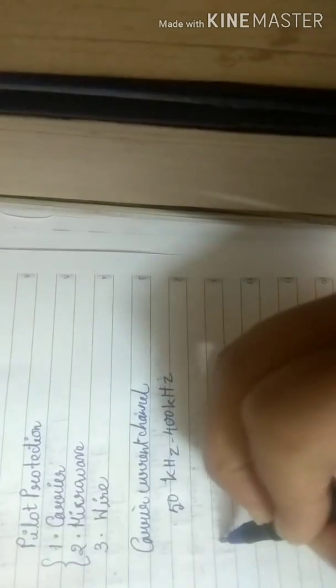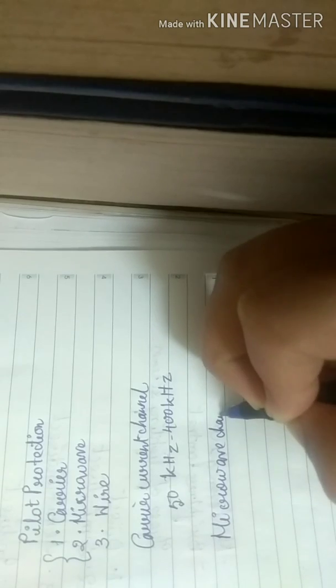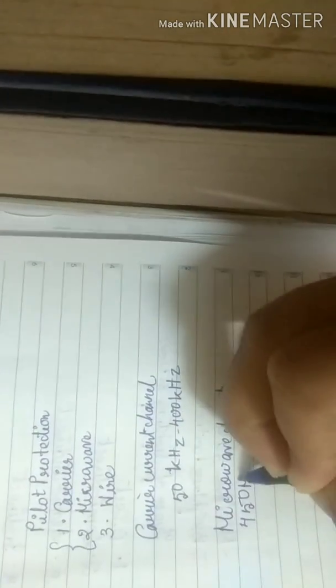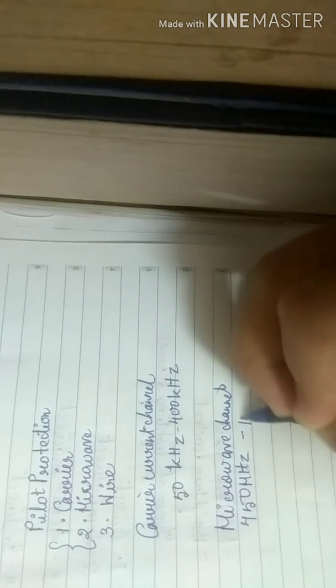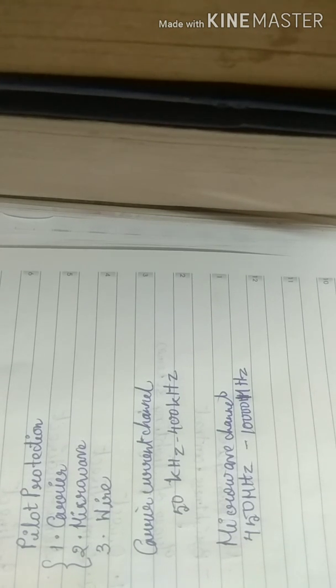In case of the microwave channel, ultra-high frequency signals in the range of 450 MHz to 10,000 MHz are used. Here, the high-frequency transmitter-receiver system for connecting the relaying equipment is located at the terminals of the line.